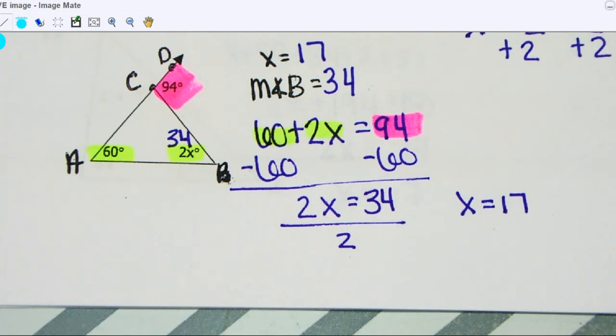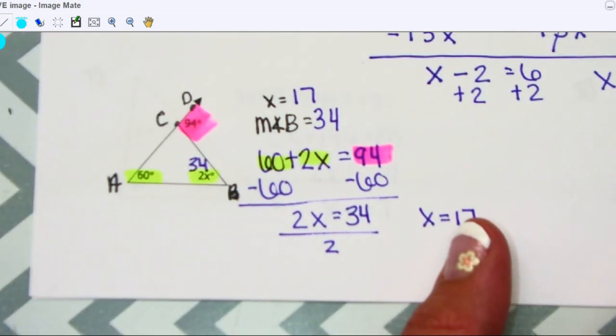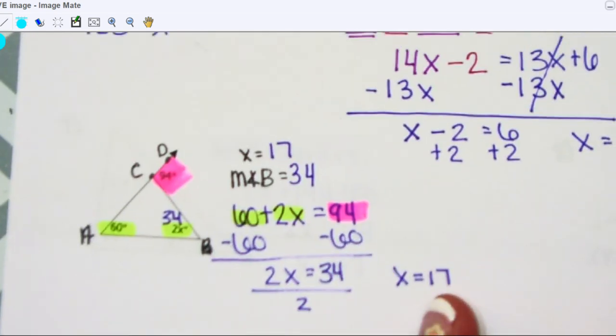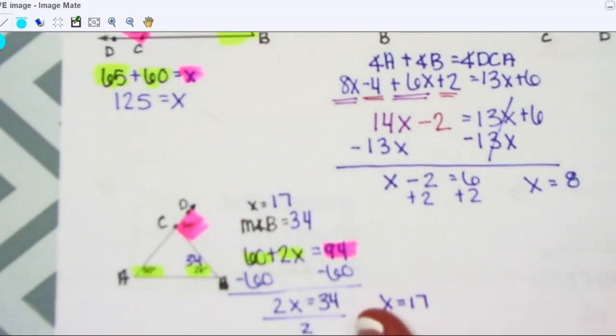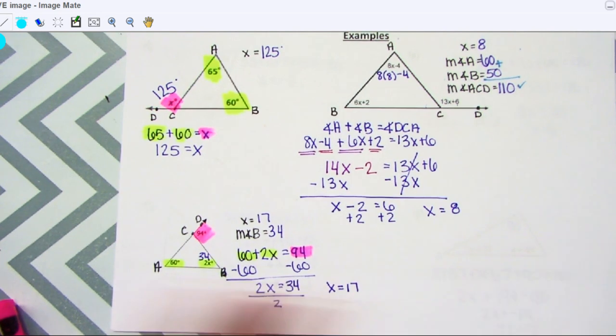I'm going to zoom out so we can see all our examples. Online, your examples are on page 5 of your notes. So if you go on Google Classroom, go to Unit 4 Notes and scroll down to page 5. That's where your practice starts.